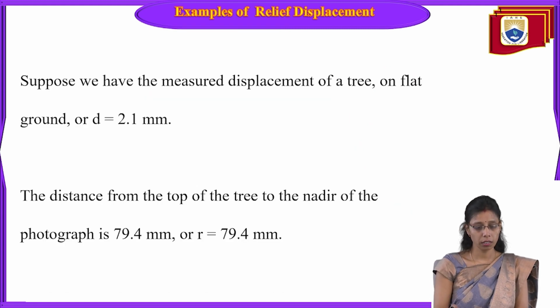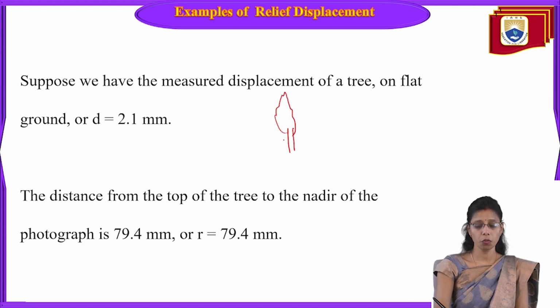Next, suppose we have measured the displacement of a tree. If you want to measure the height of a tree on flat ground, where D is equal to 2.5 mm, suppose this is the tree.